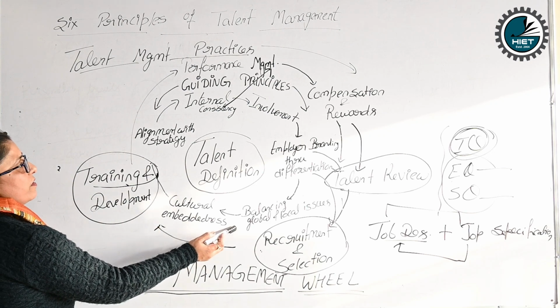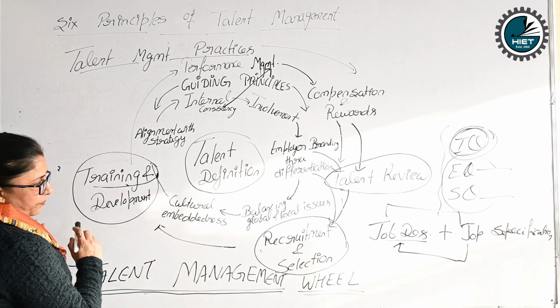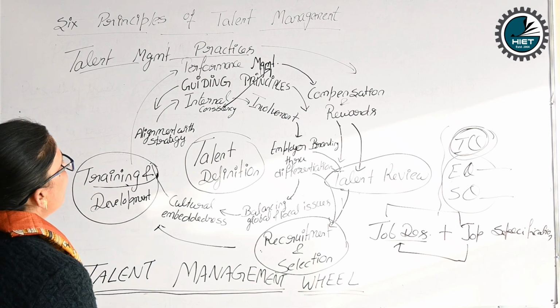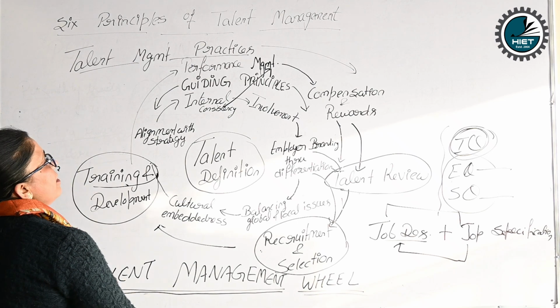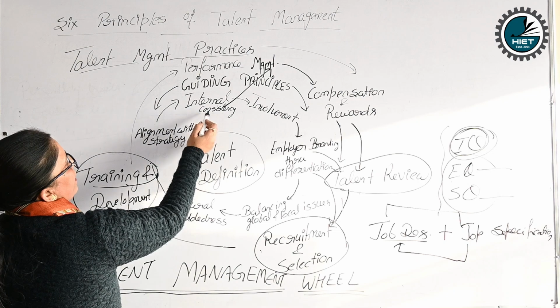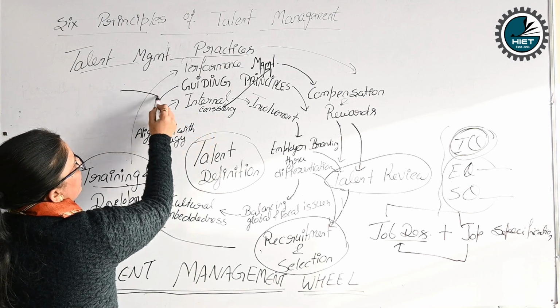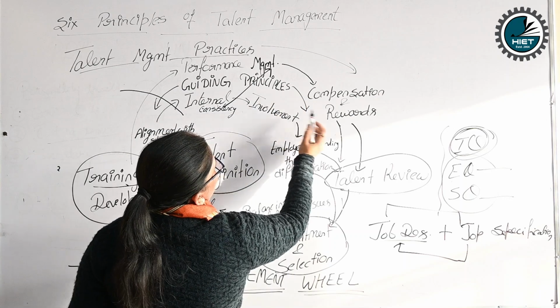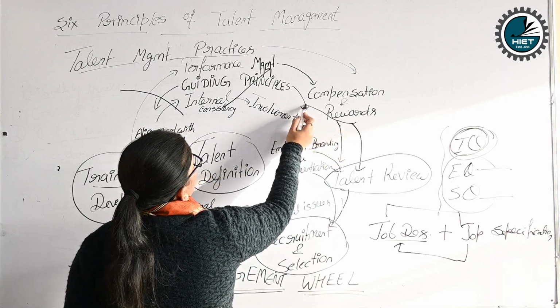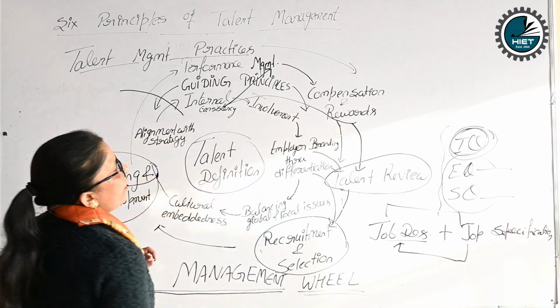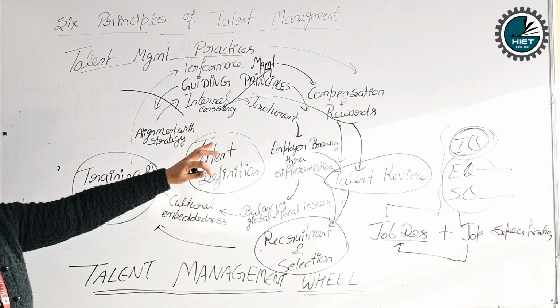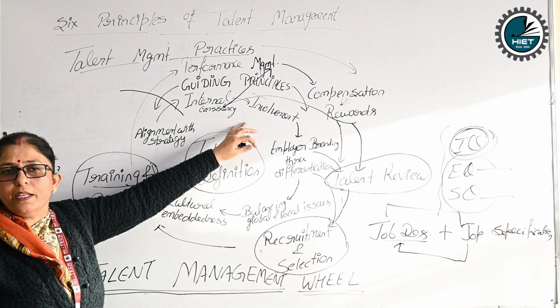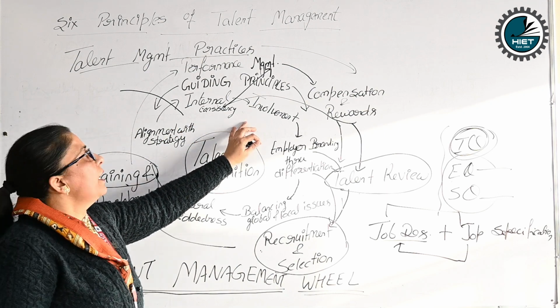We have already discussed all this. Now, the next term we have is internal consistency, and this internal consistency integrates with performance management, compensation and rewards. For any organization, compensation and rewards are internal policies of the organization.